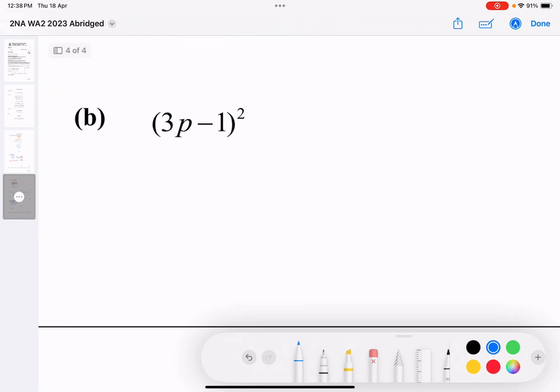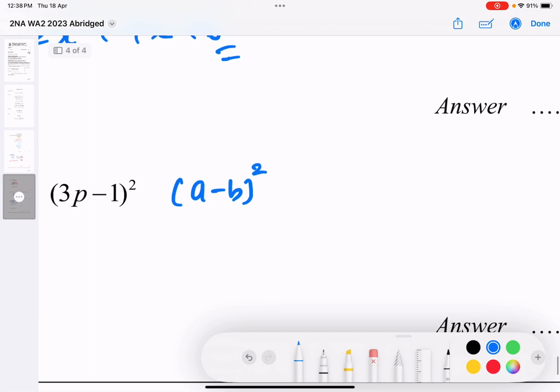Okay, the last one. How to expand this? Listen. If you memorize, this is of the form a minus b squared. Do you remember this? The expansion of this is what? What's the expansion of a minus b squared?